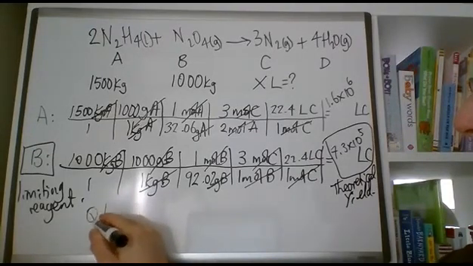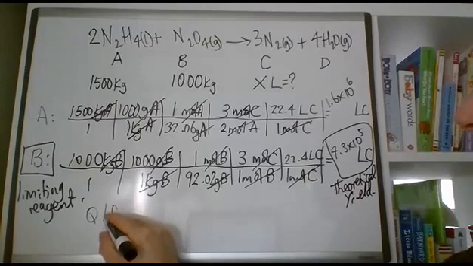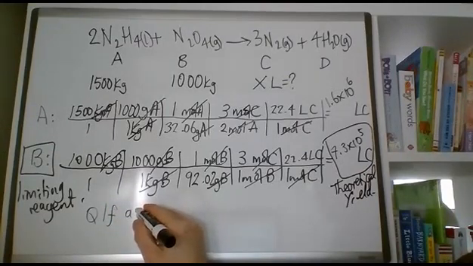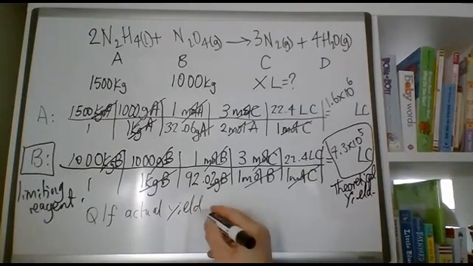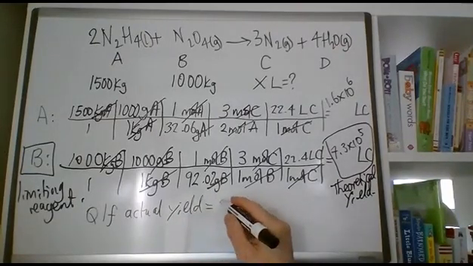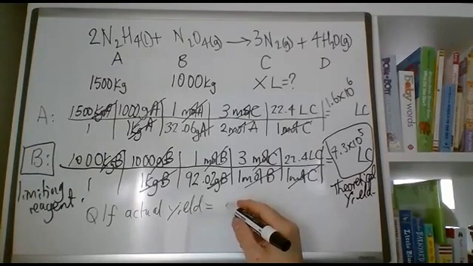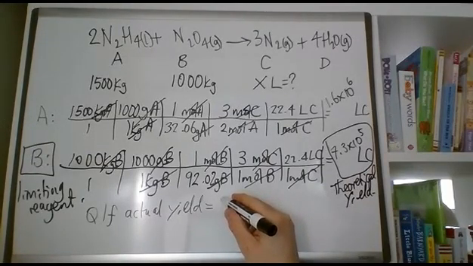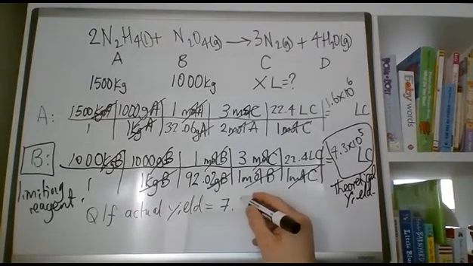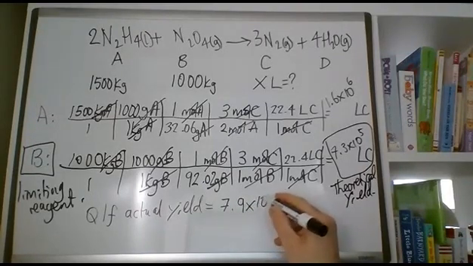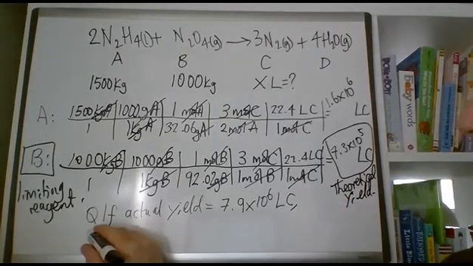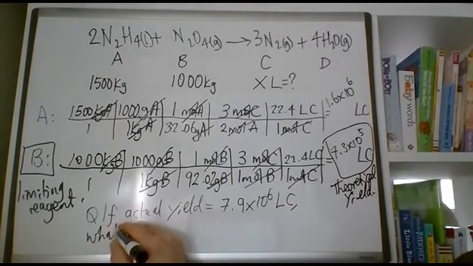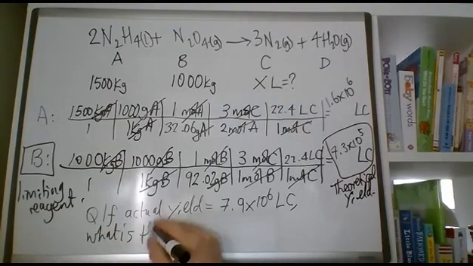So an extra question would be, if the actual yield is, let's say, 7.9 by 10 to the 6th liters of C, then what is the percent yield?